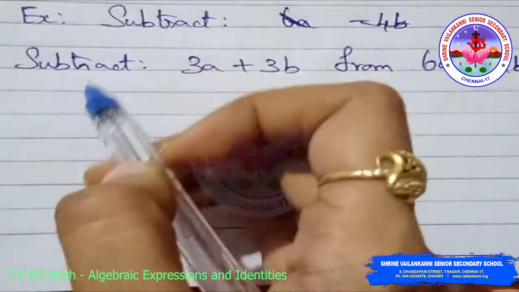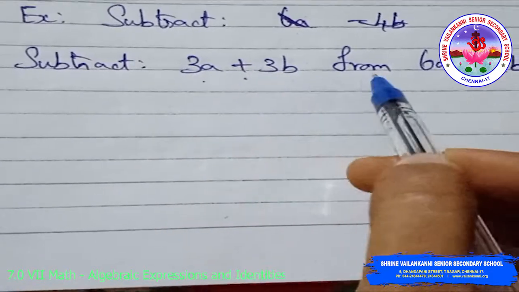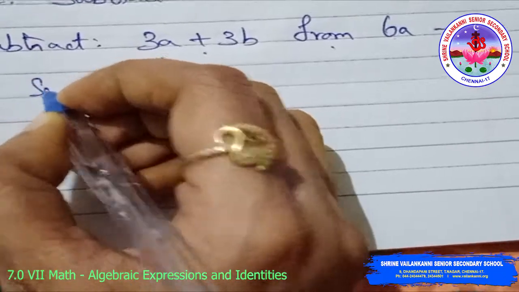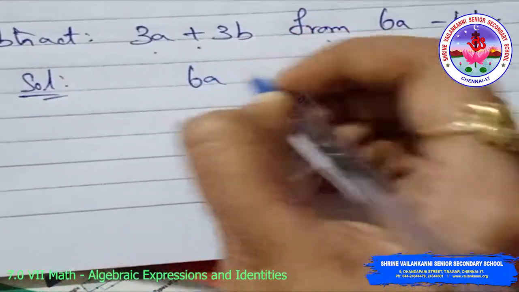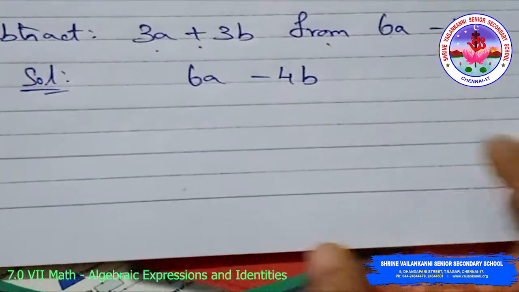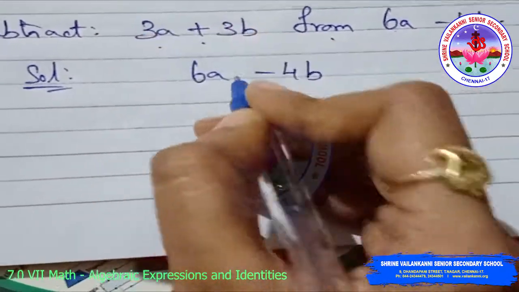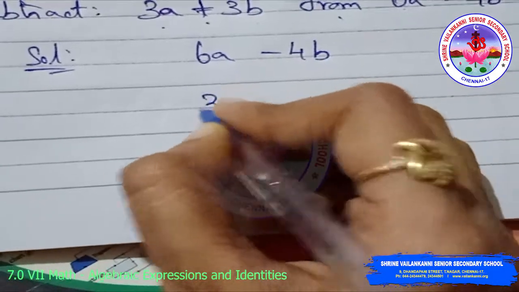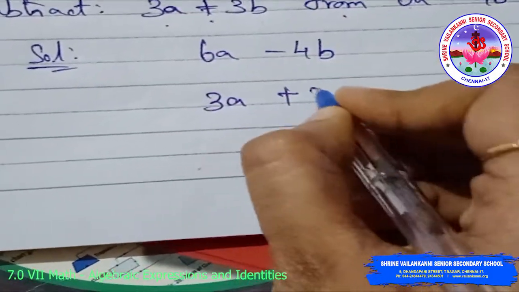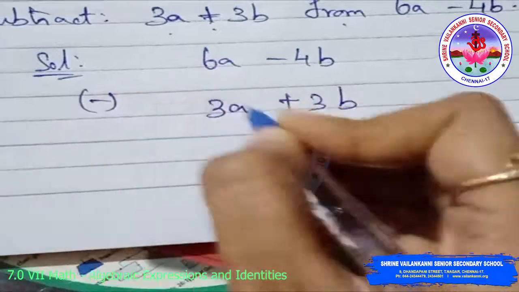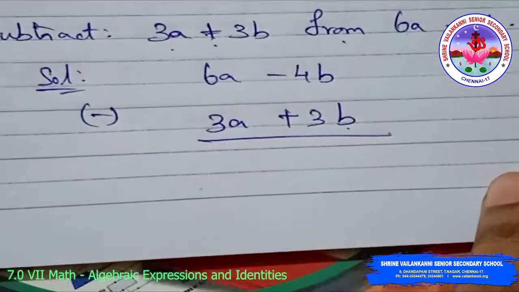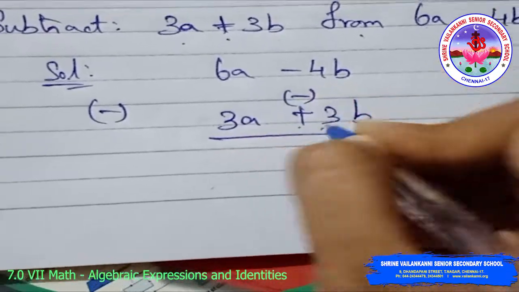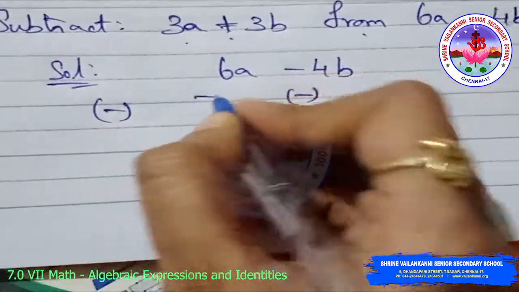Next example, subtract 3a plus 3b from 6a minus 4b. First write down the solution. 6a minus 4b. The second expression is 3a plus 3b. Now, for subtraction, change the signs of the terms of the second expression. Here 3b is positive, change it to negative. 3a is also positive, change it to negative.